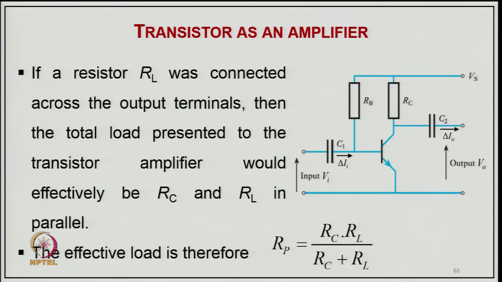So, if a resistor RL is connected across the output terminal here, then the total load presented to the transistor amplifier will effectively be RC and RL in parallel, and the effective load RP will be RC into RL divided by (RC plus RL), because that will also be responsible for deciding the collector current flowing into the load resistance.